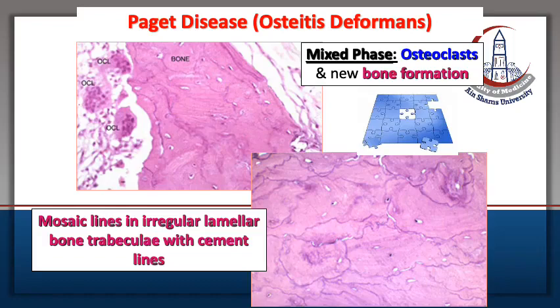In this photo, we can see the mosaic lines in irregular lamellar bone trabeculae with cement lines, with many osteoclasts present in the upper photo, and in the lower photo we can see the mosaic or lamellar bone with cement lines.